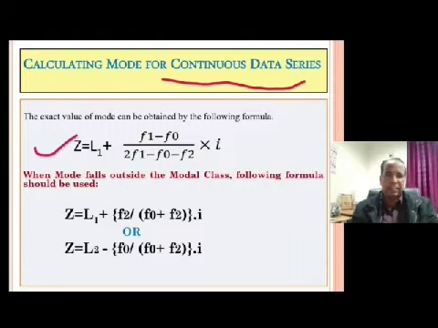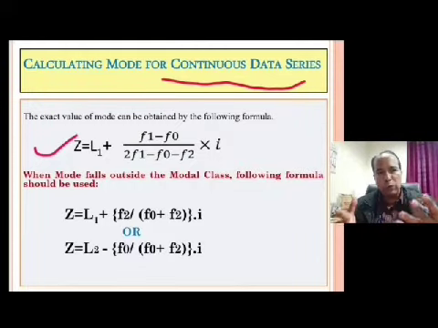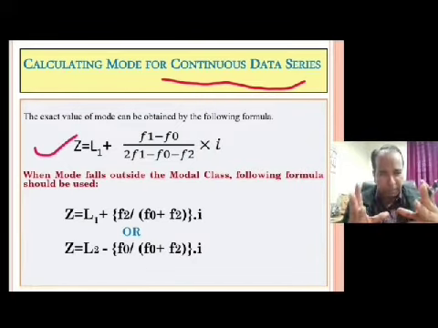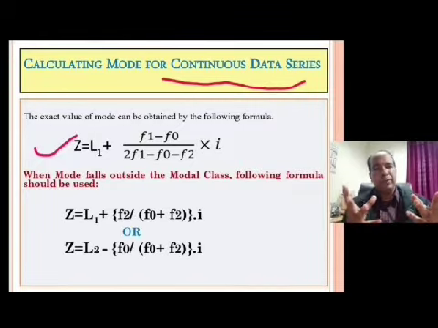Here in this slide, mode is equal to L1 plus (F1 minus F0) upon (2F1 minus F0 minus F2) into I. Let me tell you what these letters denote. First of all, we find out the modal class. For that, two methods can be workable.